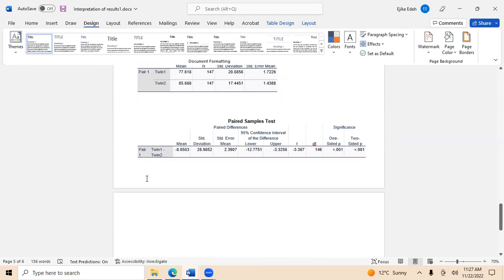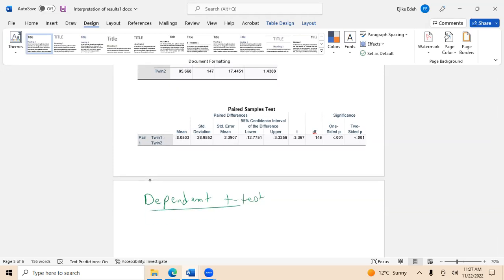So over here, we focus on the p-value. And what is the test here? The test here is saying, so this is dependent. Okay. The test here is simply saying, is the height for twin 1 and twin 2 different from each other?